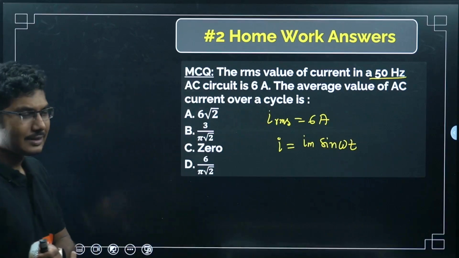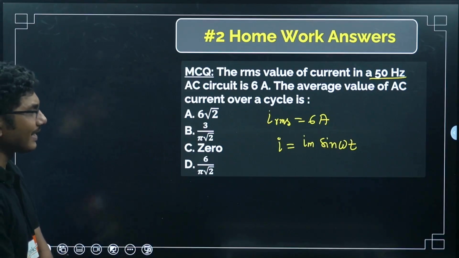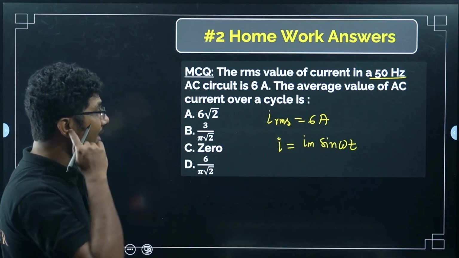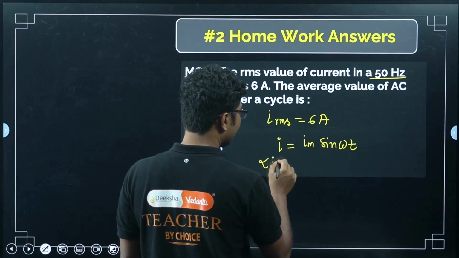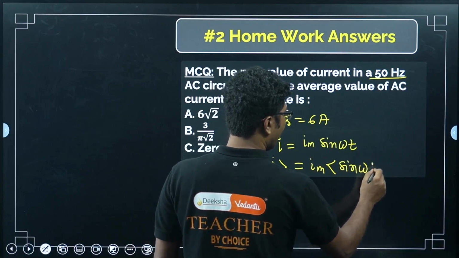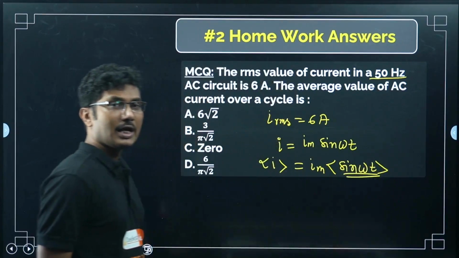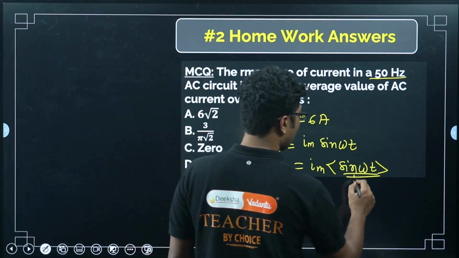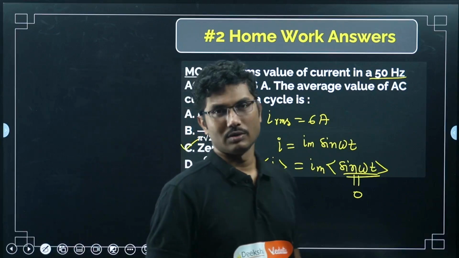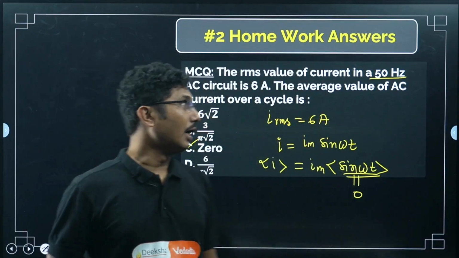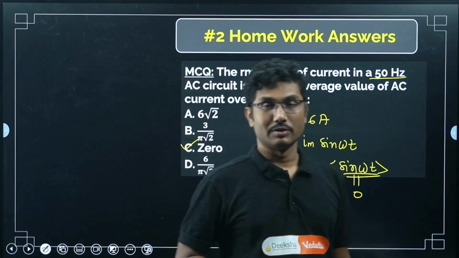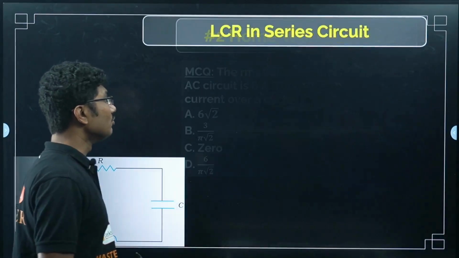What is the average value of current? It does not have anything to do with I RMS. The average value of current I average is nothing but Im sin omega t average. What is the value of sin omega t average? I told you yesterday, the sin omega t average value is 0. So the average value of current is 0. Remember that, not always, but if this is a sine current, then it is always 0. Remember that part.